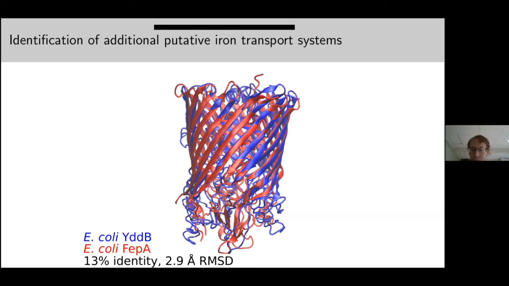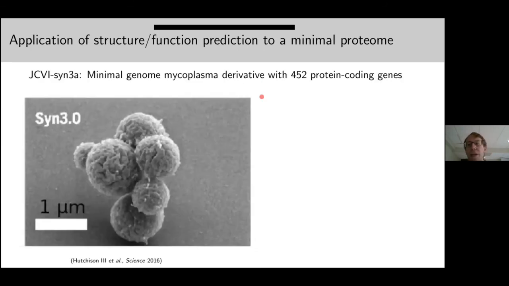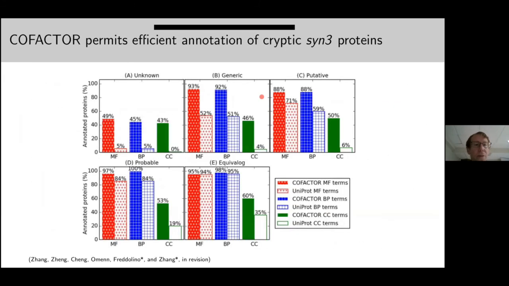And so for the sake of time, it seems I'm running out of time. So I'm going to have to skip over my other set of examples, which involve similar applications to the JCVI SYN3 minimal genome mycoplasma. I'll simply say with this that we're able to go from having a large number of poorly annotated proteins among currently unannotated proteins in this proteome.